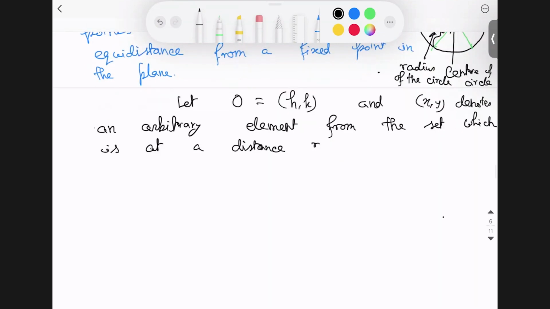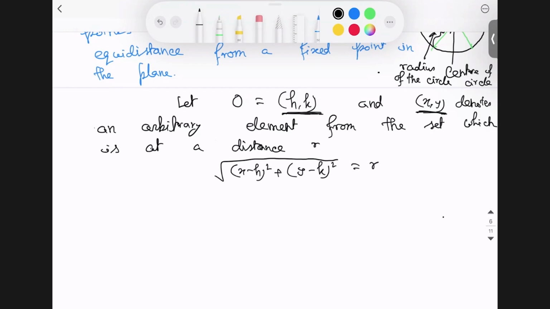(x, y) is an arbitrary point. If I find the distance from the arbitrary point (x, y) to this fixed point (h, k), then the distance will be the square root of (x minus h) whole square plus (y minus k) whole square. Correct? And what is the exact measurement of this distance?